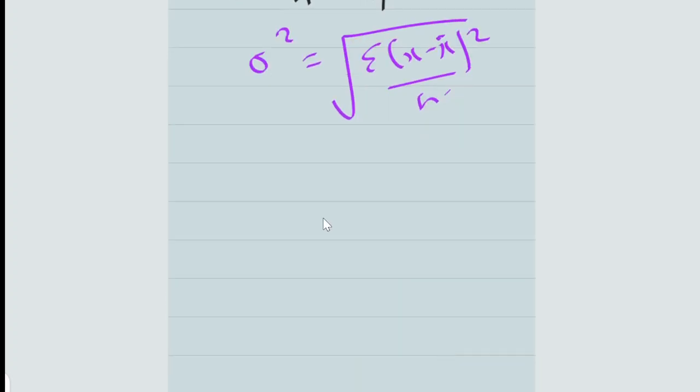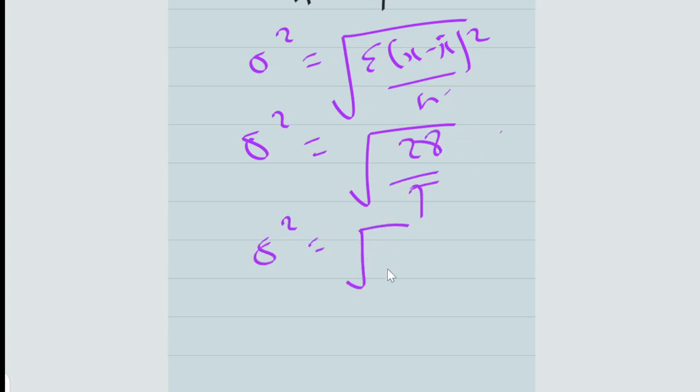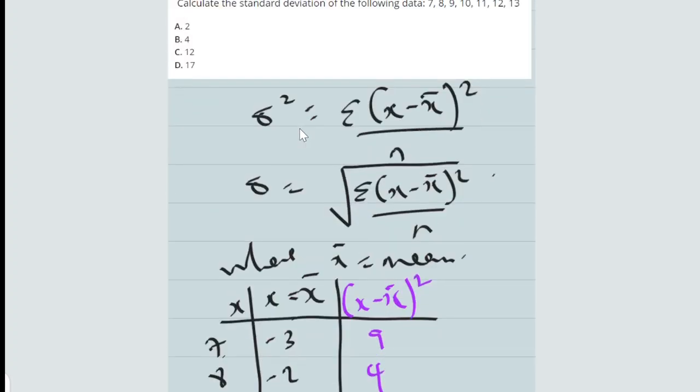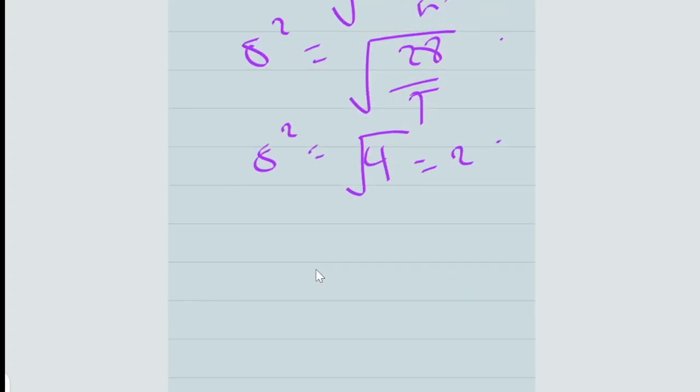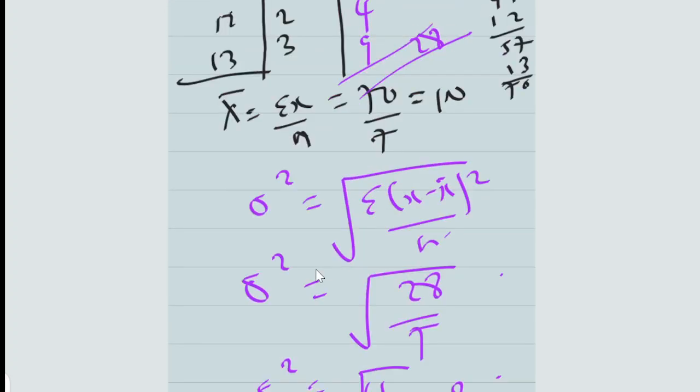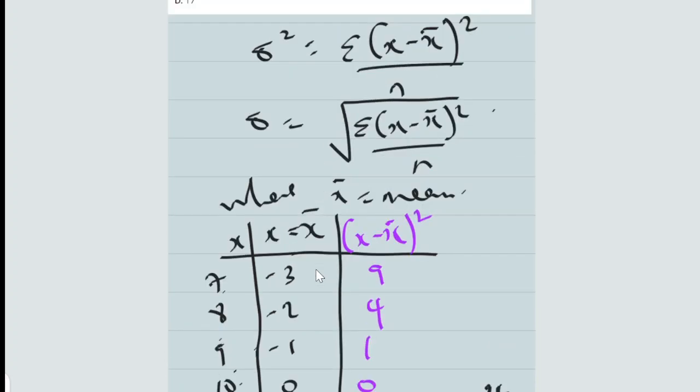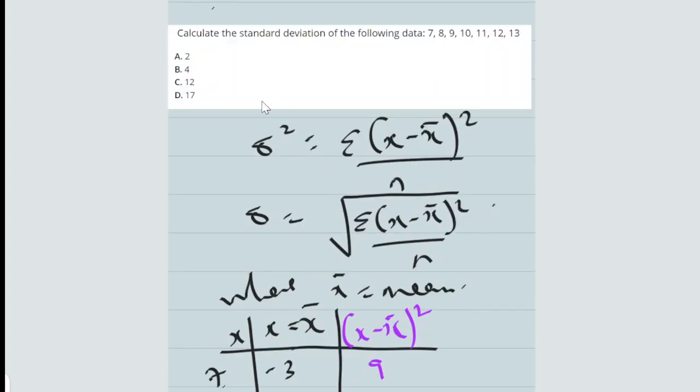So then you are going to have the square root of 28 divided by 7. Sigma is equal to the square root of 4, which is equal to 2. So that's your standard deviation. But if you are asked to find the variance, you won't take the square root. It means your variance is equal to 4 directly. I hope you understand now. So your variance is equal to 4.